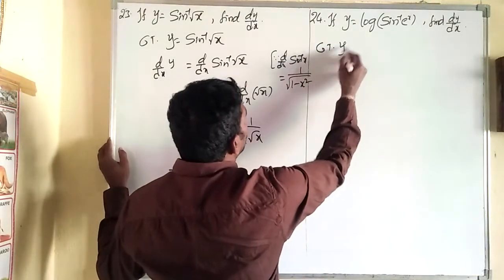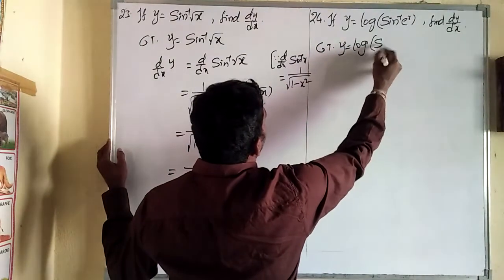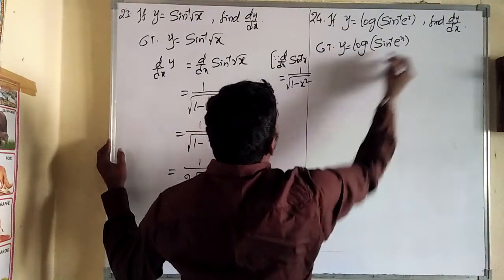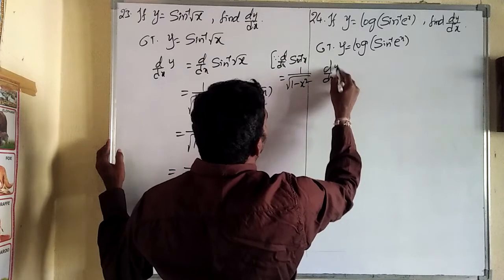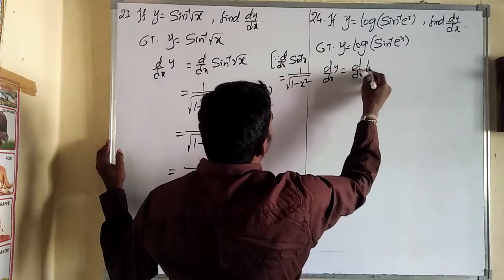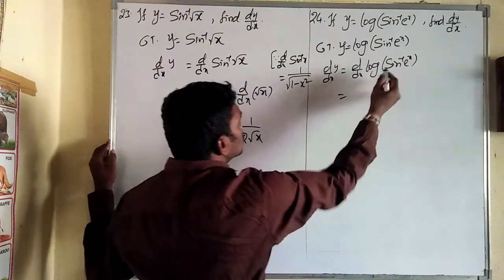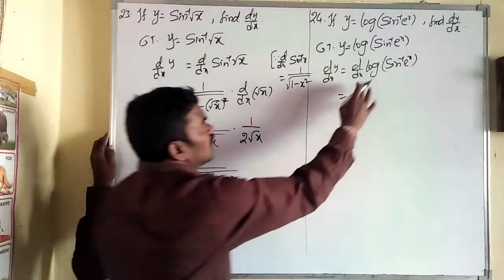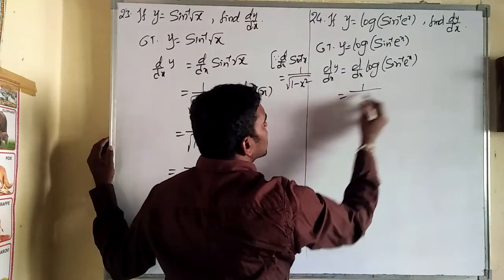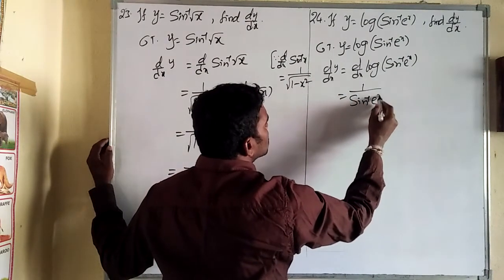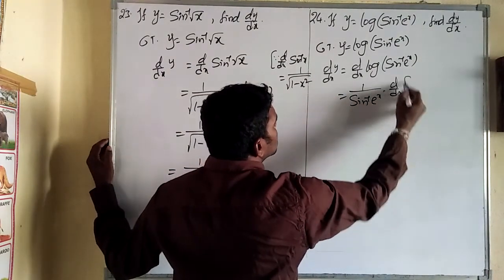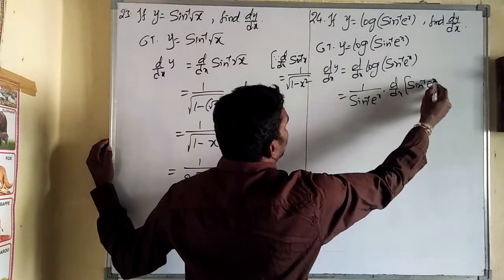So given that y equal to log of sin inverse e power x. So dy by dx is equal to d by dx of log of sin inverse e power x. So first apply the log x derivative. Log of something, that is 1 by that, means 1 by sin inverse e power x, into d by dx of sin inverse e power x.